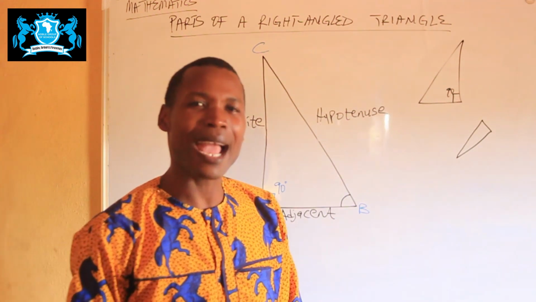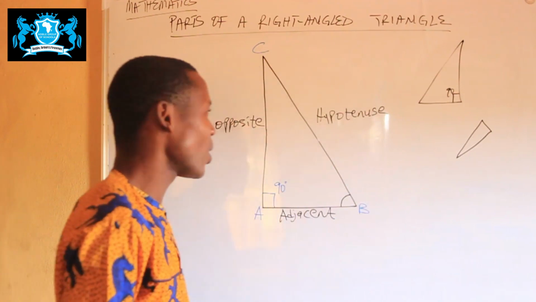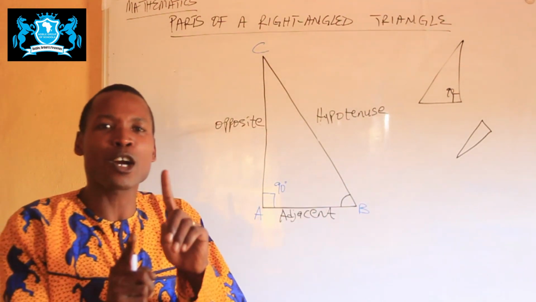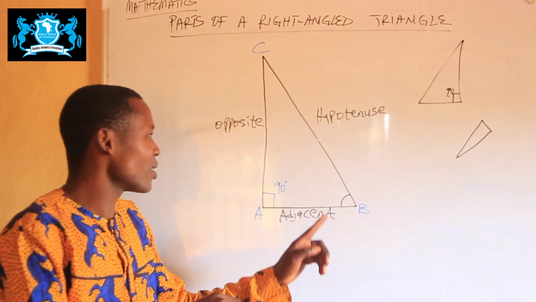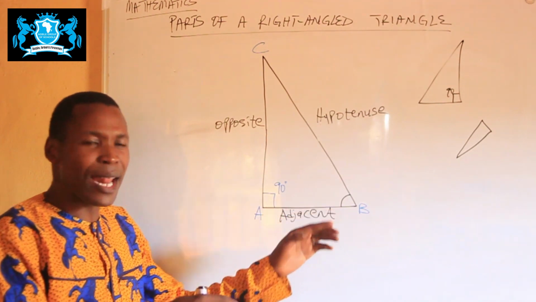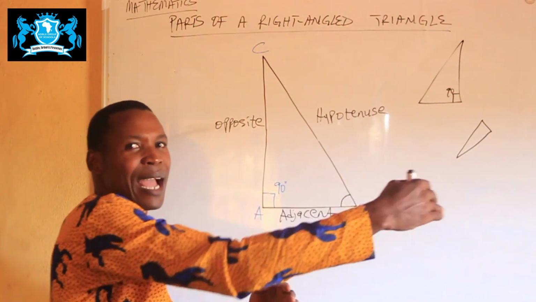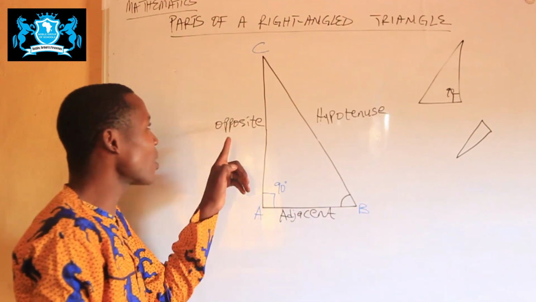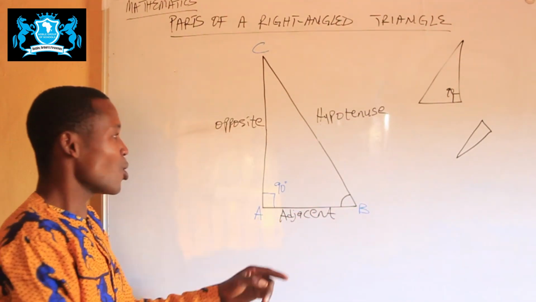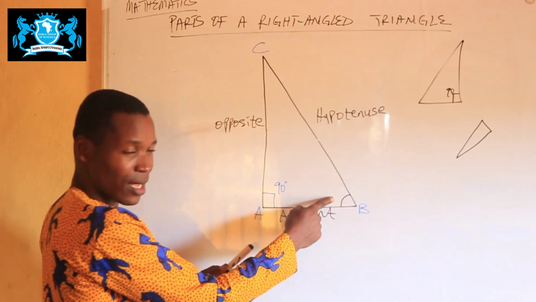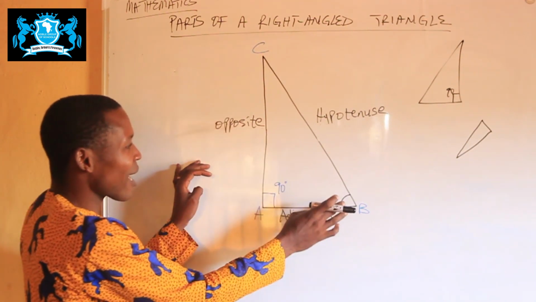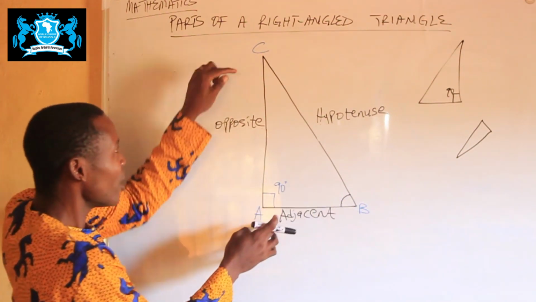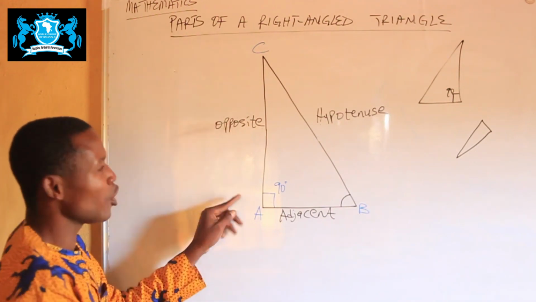The opposite side of a right-angled triangle is any side across the angle. Any of the side that is opposite the angle, any of the side that is across the angle, is called the opposite. You can see that we have the angle here. So, because here is across here or is opposite here, you will call this side the opposite.